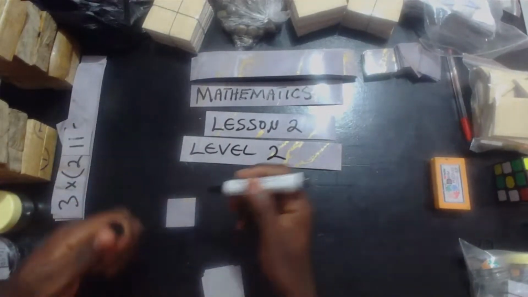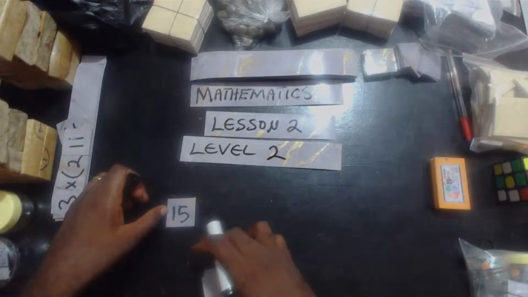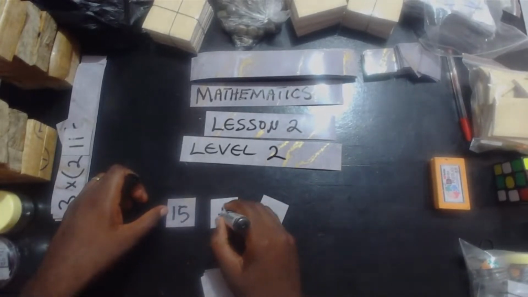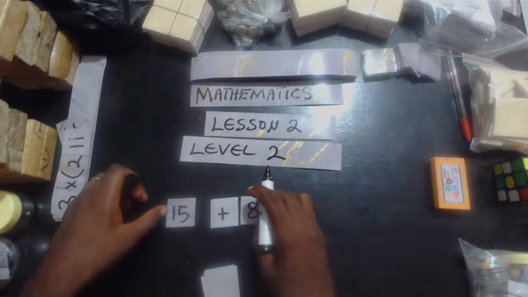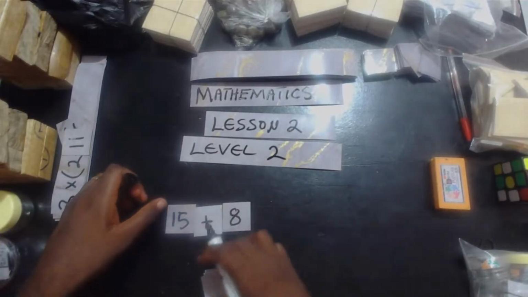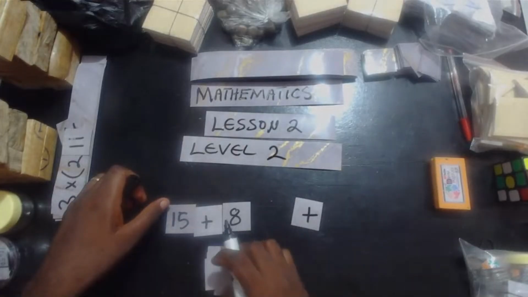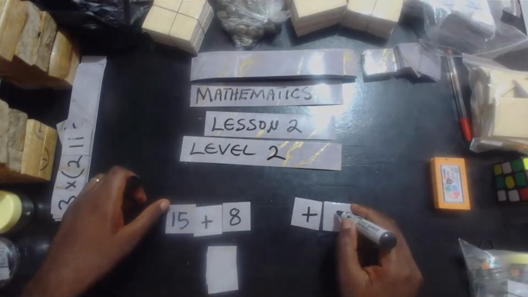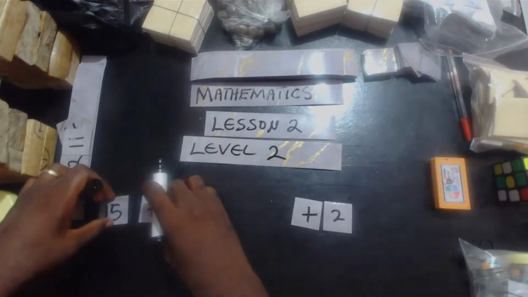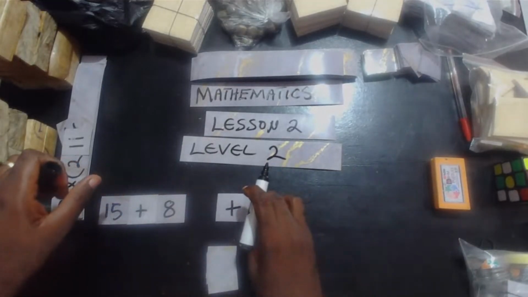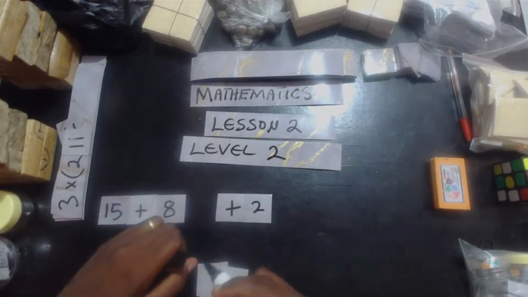We have 15, and then 8 added on to 15, and then plus 2 on the side. So we are working 8 added on to 15 before we add 2.